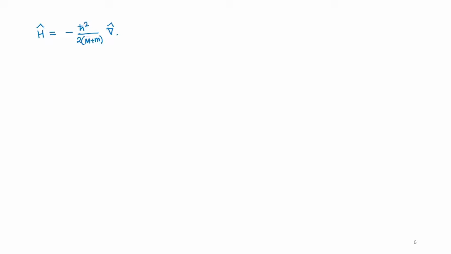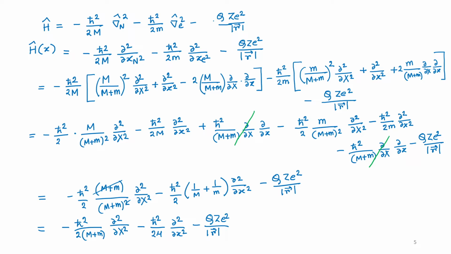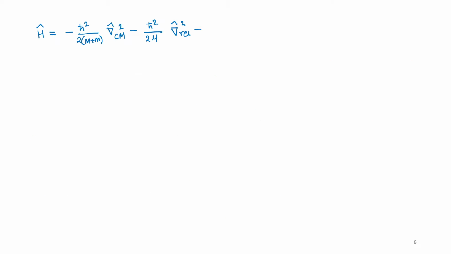So this is for center of mass, right, Laplacian. Then same here we will get 2 mu, and this is the relative coordinate, and the potential energy is going to be unchanged, right? So we will not multiply it by 3 because this is going to be unchanged.